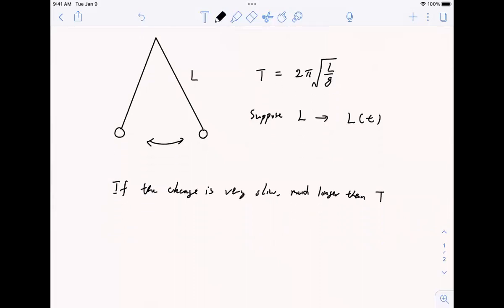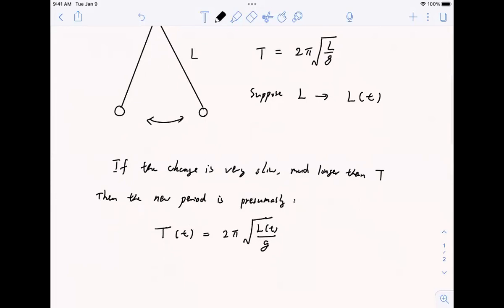Then the new period is presumably T also as a function of t, equal to 2 pi square root of L as a function of t over g.